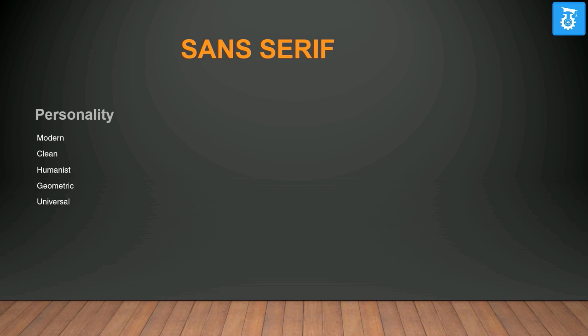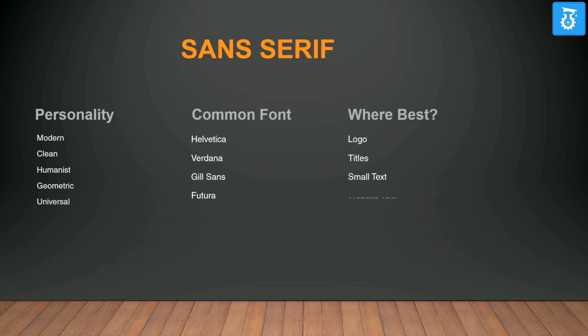So this is the personality of sans serif font. Common fonts: Helvetica is one of the most common sans serif fonts. Others are Verdana, Gill Sans, Arial and Futura, which are all sans serif fonts. Where is it best used? You can use it for logos, titles, small text, website text and others. In these cases you can use your sans serif font.